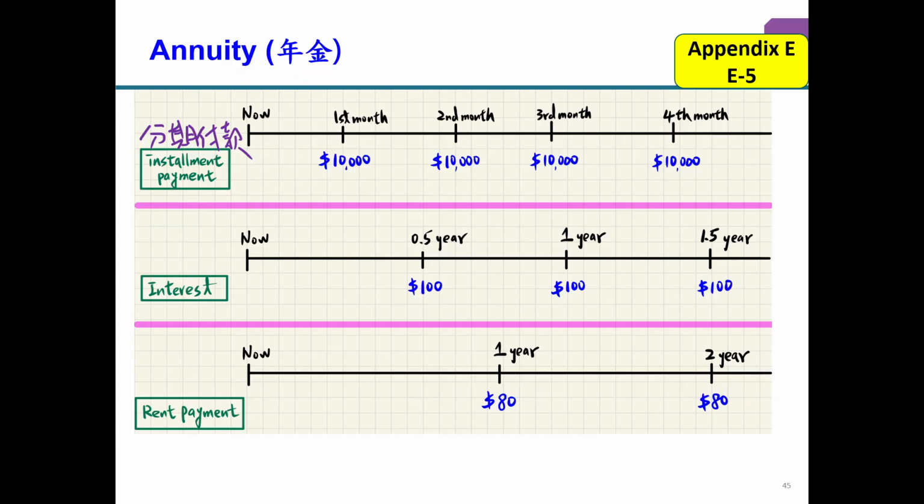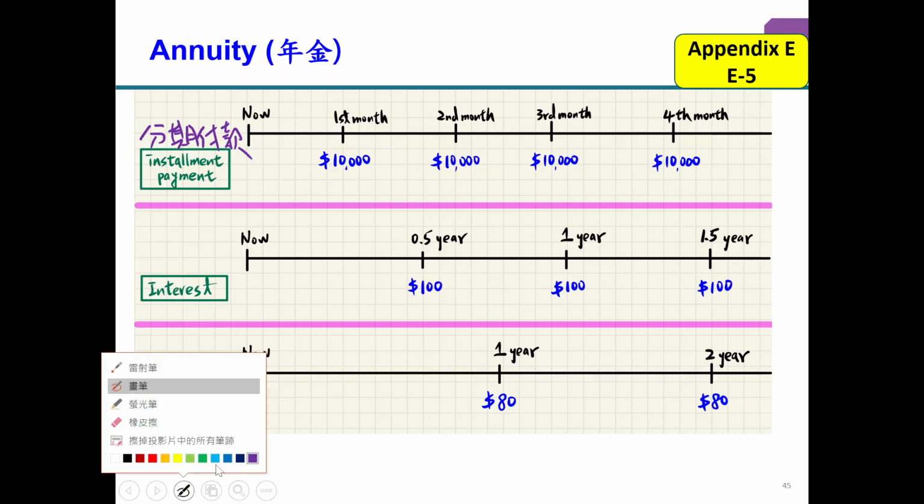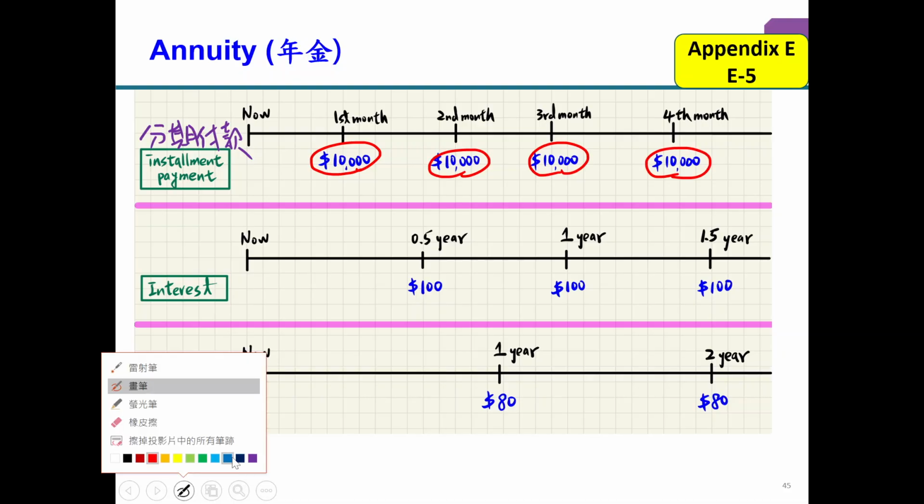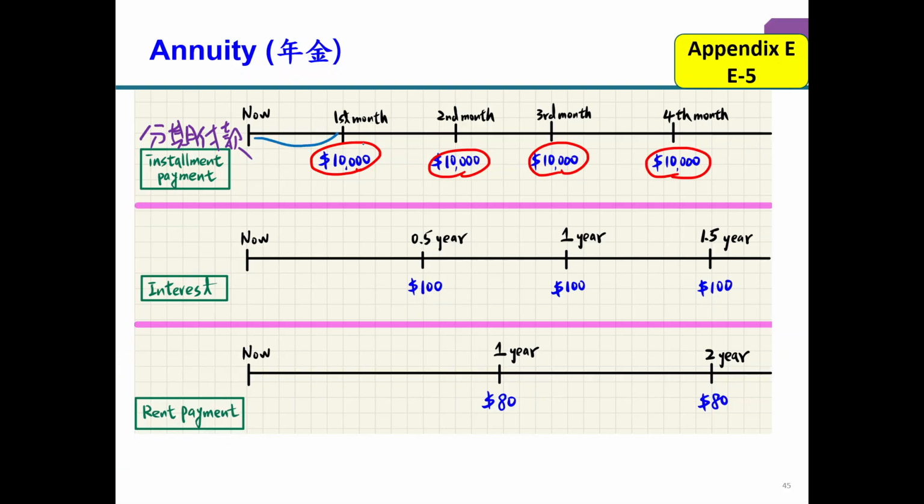The bank asks me to pay the same amount during the same period. Each month, the bank asks me to pay $10,000 back. So same amount during the same period. How often? 1 month, 1 month, 1 month, 1 month. Okay? So installment payment is annuity.